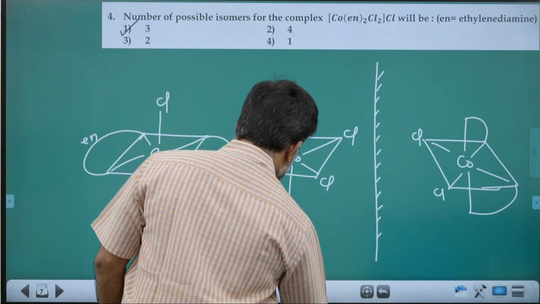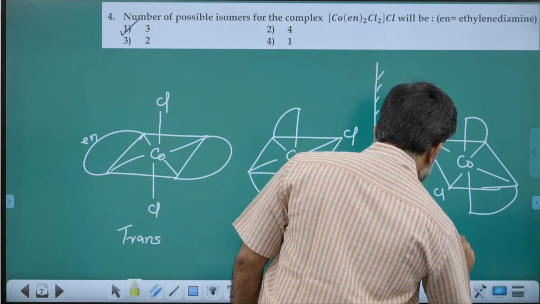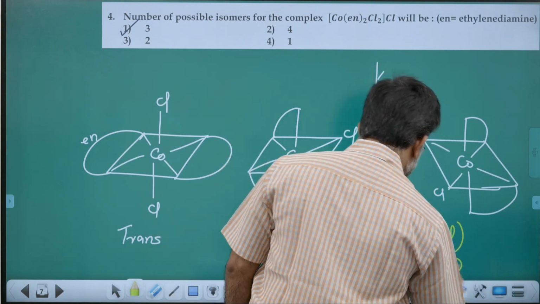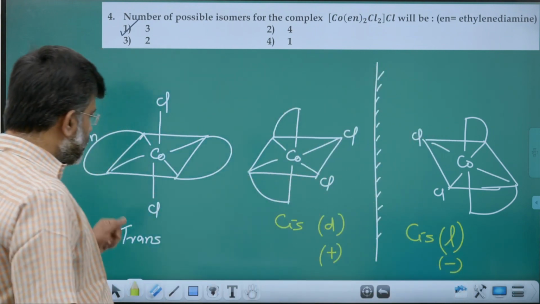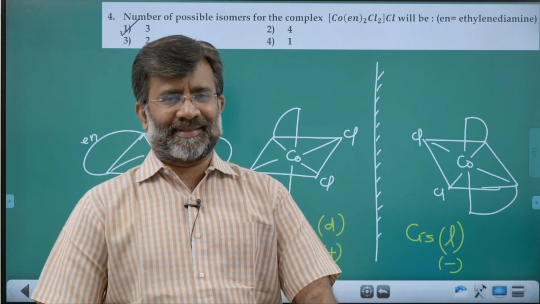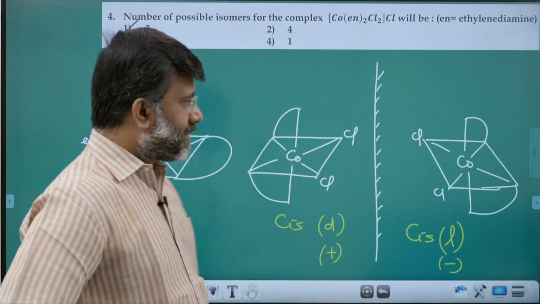If this is dextro, this will be levo or vice versa. And trans is only one molecule, a total of 3 isomers. An NCERT example only. Okay, next.